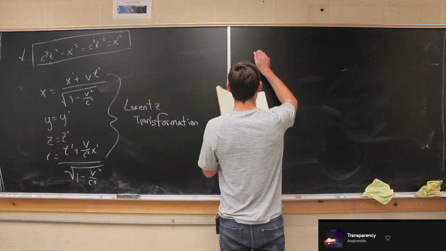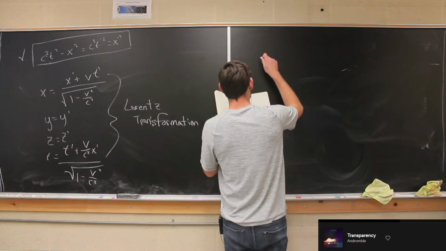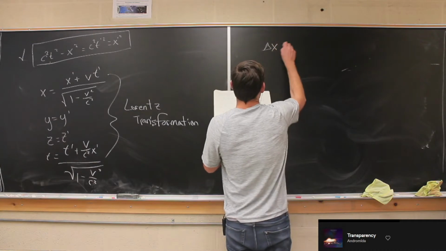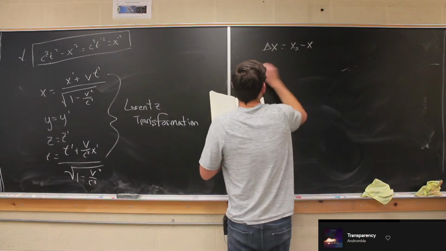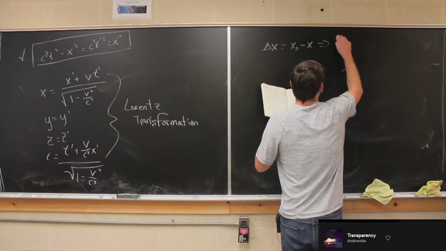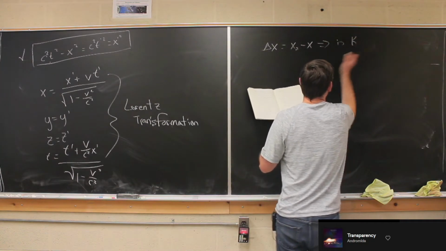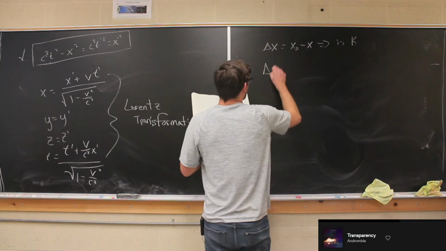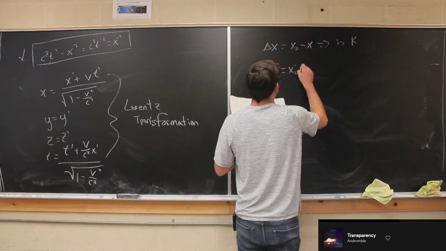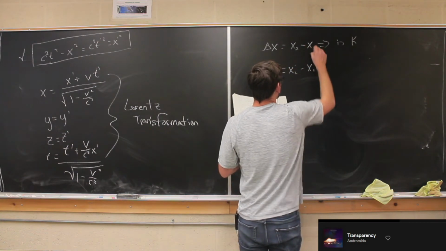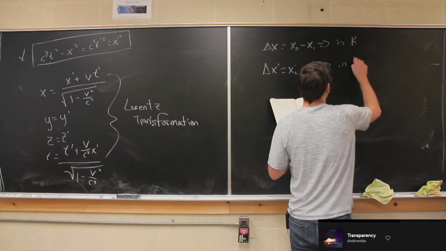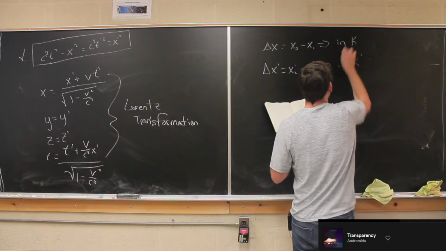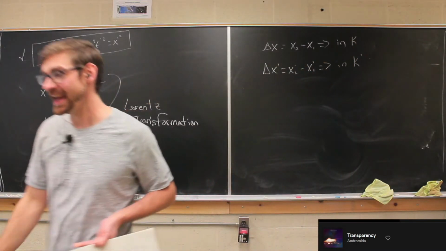We want to talk about the length of a rod at rest in a system, with delta x equal to x2 minus x1, and this is in K. And now we're going to have another system, delta x prime, with x2 prime minus x1 prime, and this is going to be in K prime.